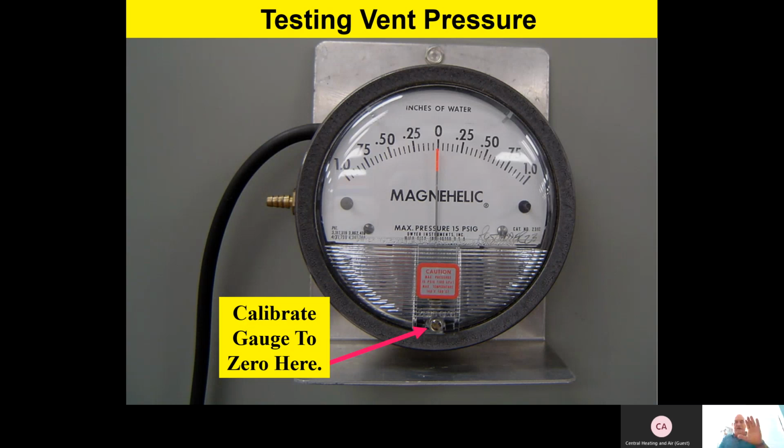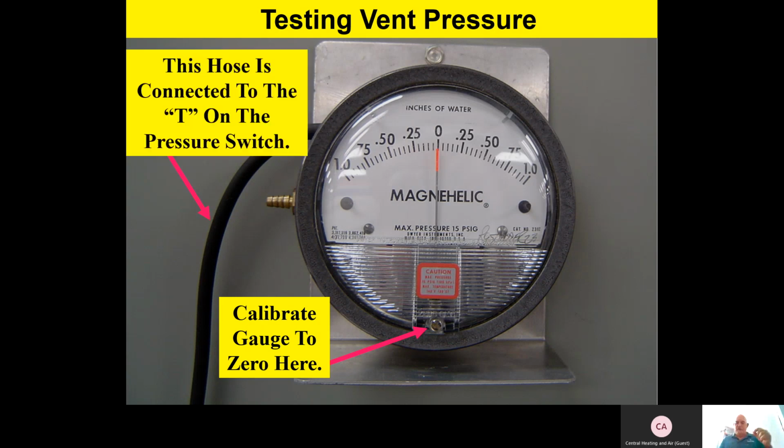And if you're using a MagnaHelic gauge, you're going to want to make sure it's sitting upright like we have in the picture, and you're going to calibrate it to 0. If you have a 0 function on your digital manometer, go ahead and 0 it before you start the furnace up. So you're going to hook this hose up, and there's that hose that's connected to the tee on the pressure switch. And then you're going to start the furnace.